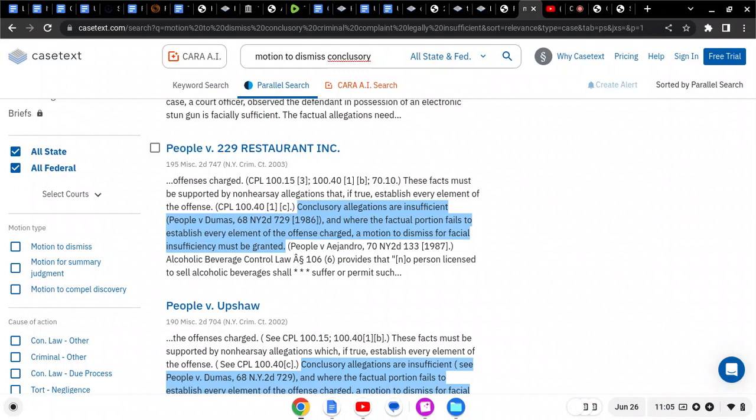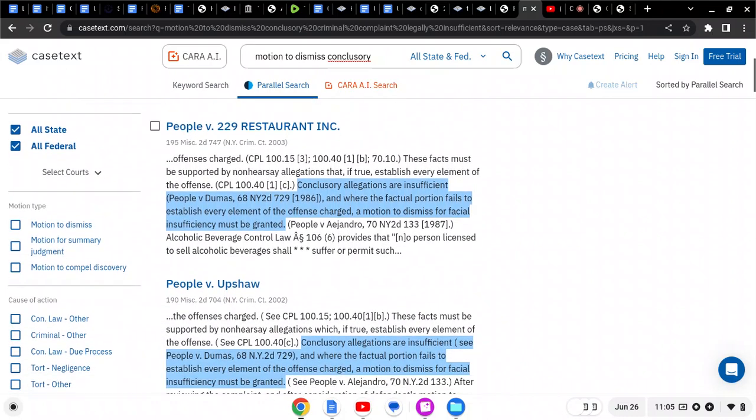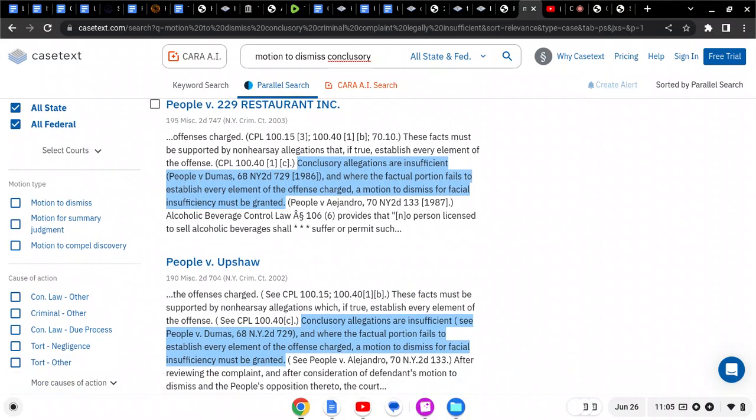So remember, y'all, all so-called crimes have elements, okay? And if they fail to allege one of these elements against you when they bring these so-called criminal charges against you, and that element is essential or material to justify that conviction, but they never alleged it, then a motion to dismiss should be granted.